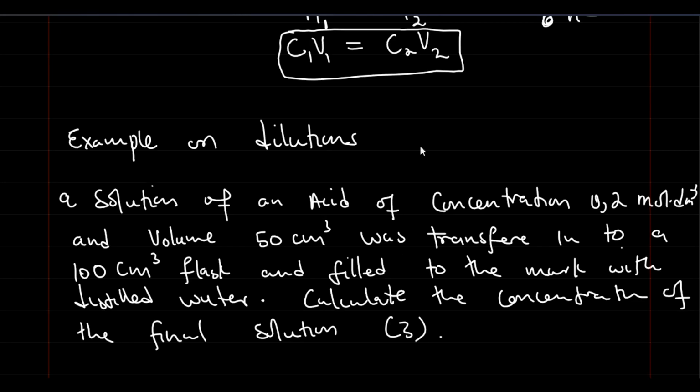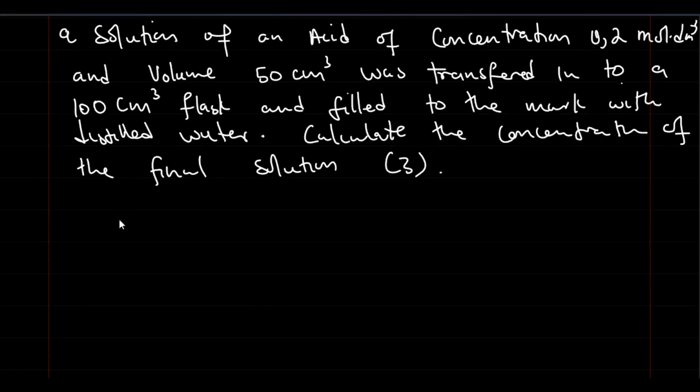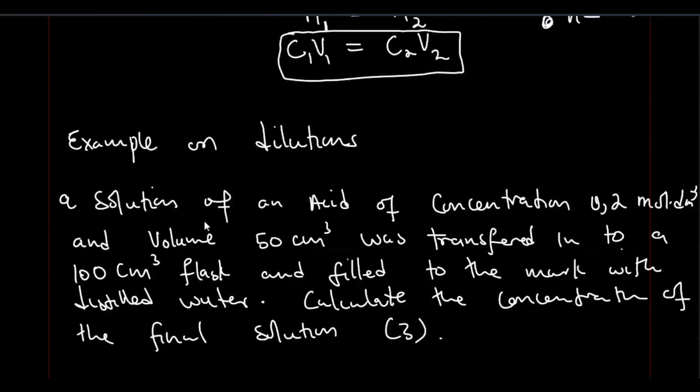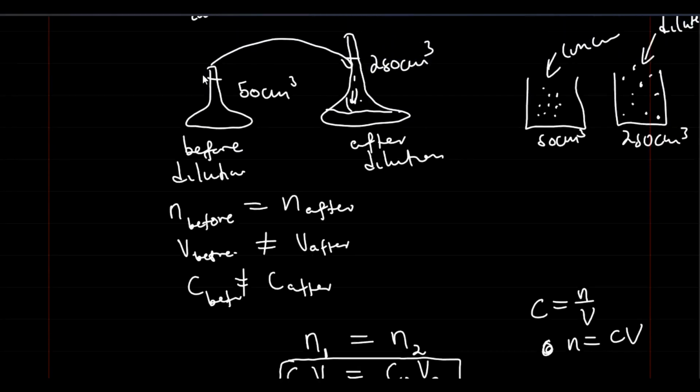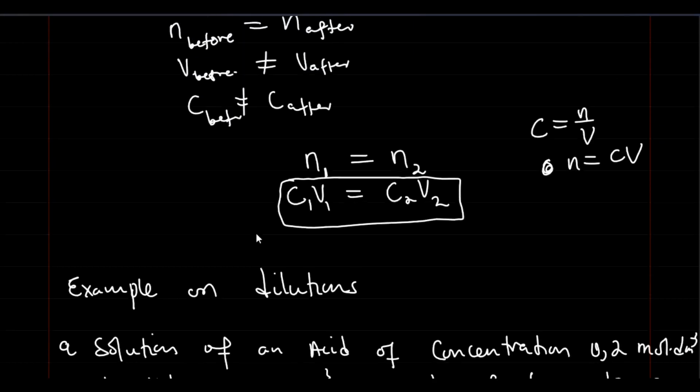So it was transferred into a 100 cubic centimeter flask and filled to the mark with distilled water. So what happened is what I showed here. It's coming from this one, then it was added to the other one, but the other one is 100 and this one is 50.